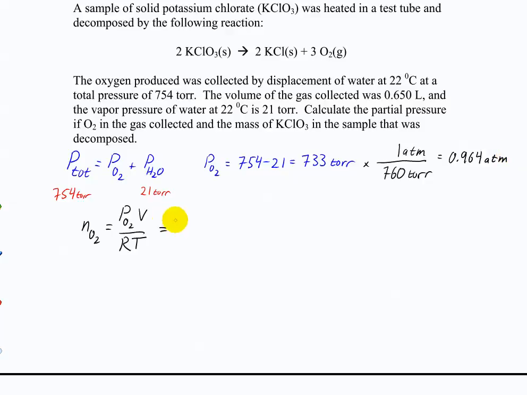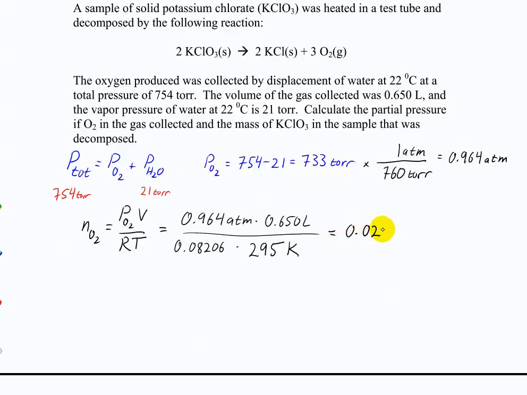So we've got 0.964 atmospheres times the volume, which is given, 0.650 liters, divided by R times T, which is 295 K. So that gives us 0.026 moles of oxygen.